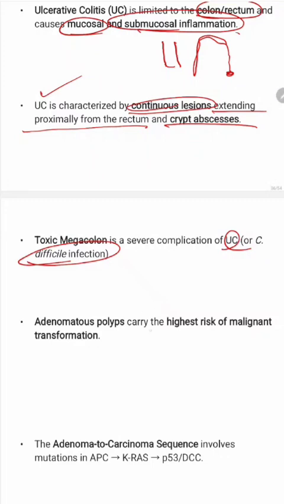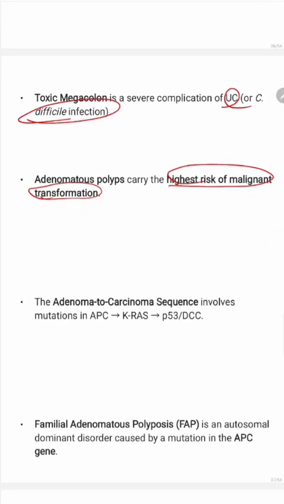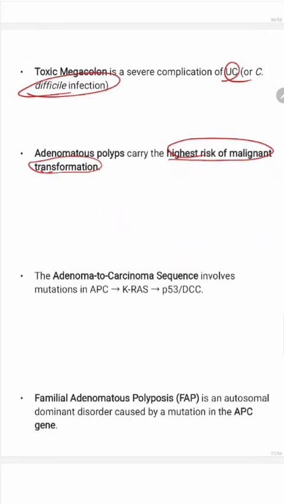Adenomatous polyps carry the highest risk of malignant transformation. Okay, so there are polyps that may be benign, but adenomatous polyps carry the highest risk of malignant transformation. Now, the adenoma to carcinoma sequence involves mutation in APC, then KRAS, and then P53 and DCC.